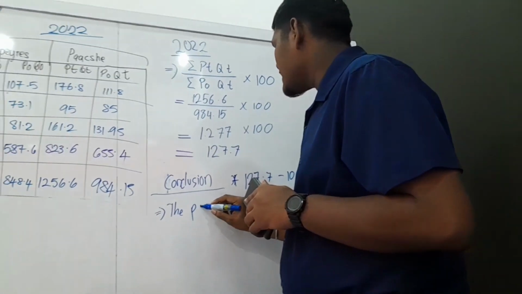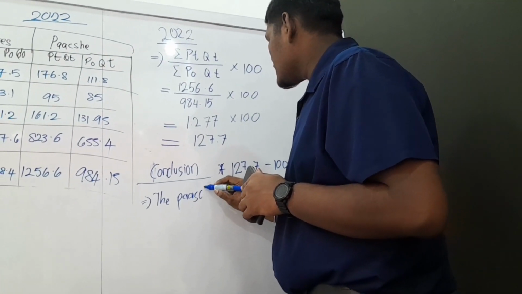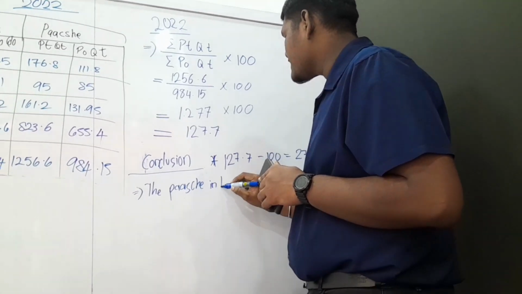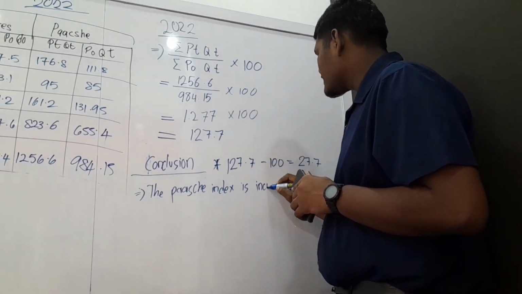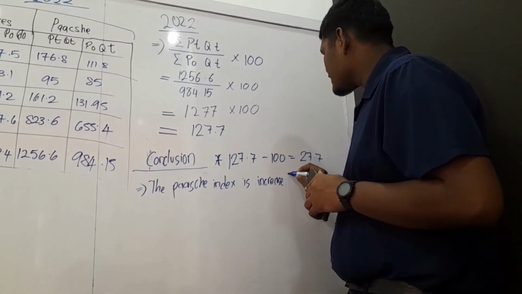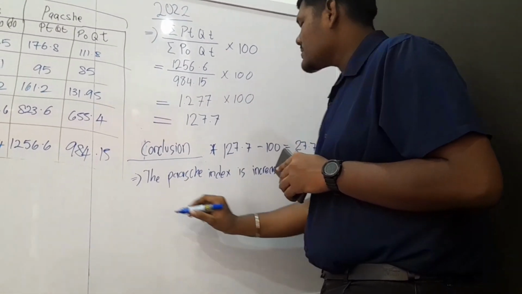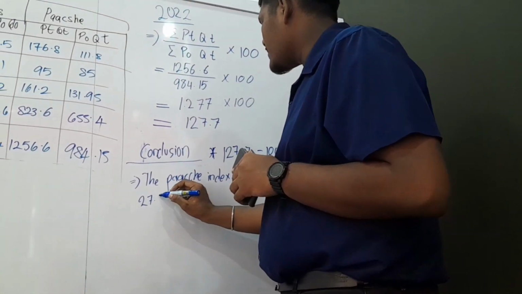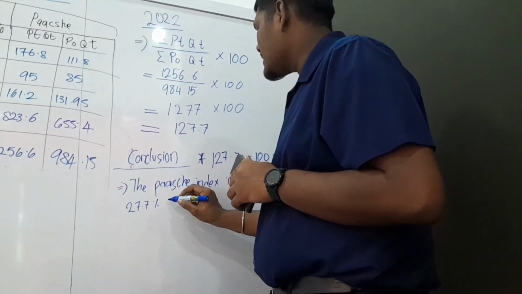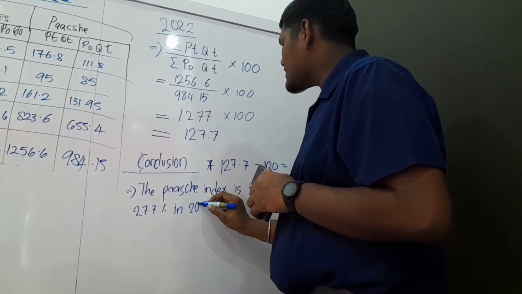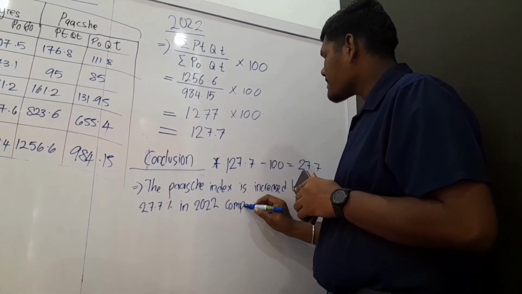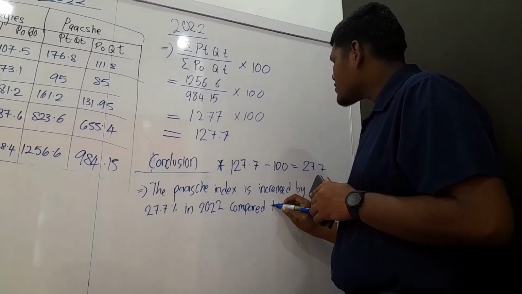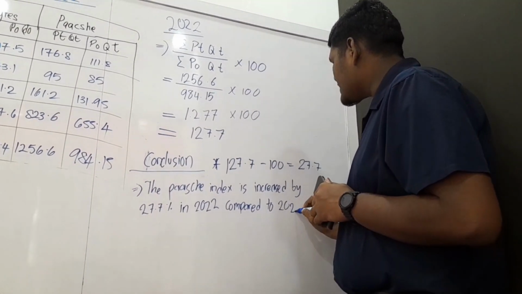The Paasche index is increased by 27.7% in 2022 compared to 2020. That's all for Paasche.